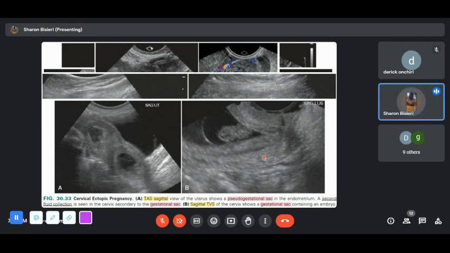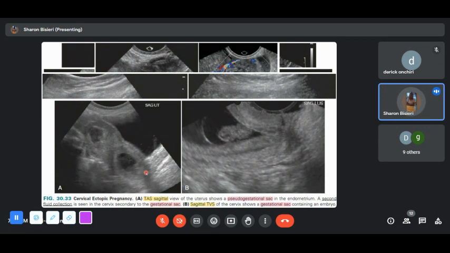Then this next set of images is of the same patient. The first image, image A, is a transabdominal ultrasound showing the sagittal view of the uterus. Here we can make out the urinary bladder and the anterior wall of the uterus. But within the endometrial cavity, we can make out two anechoic structures with intervening soft tissue.